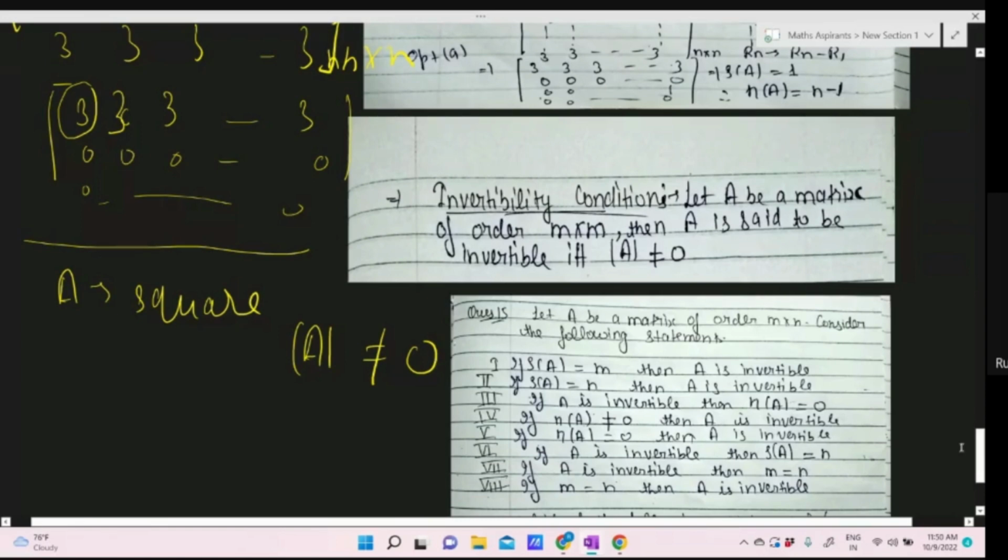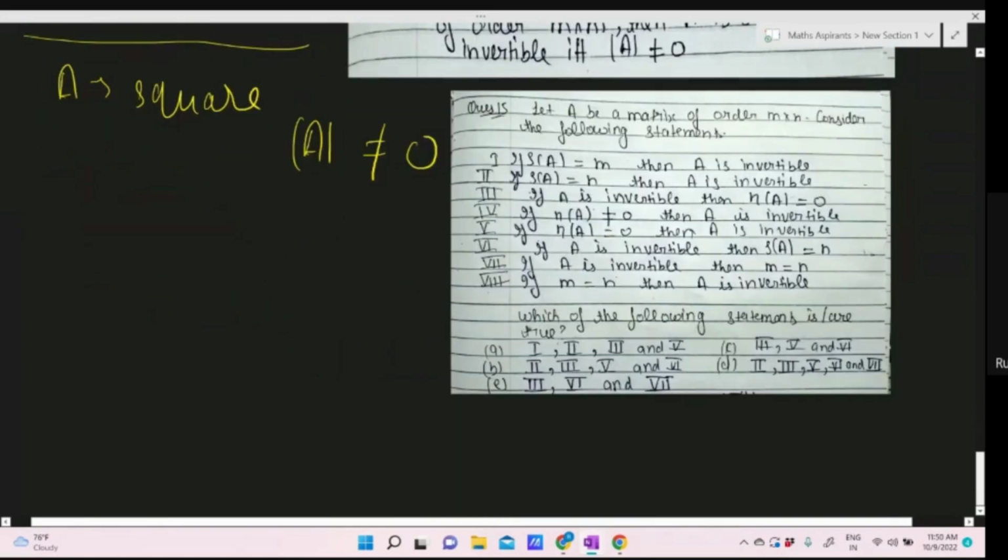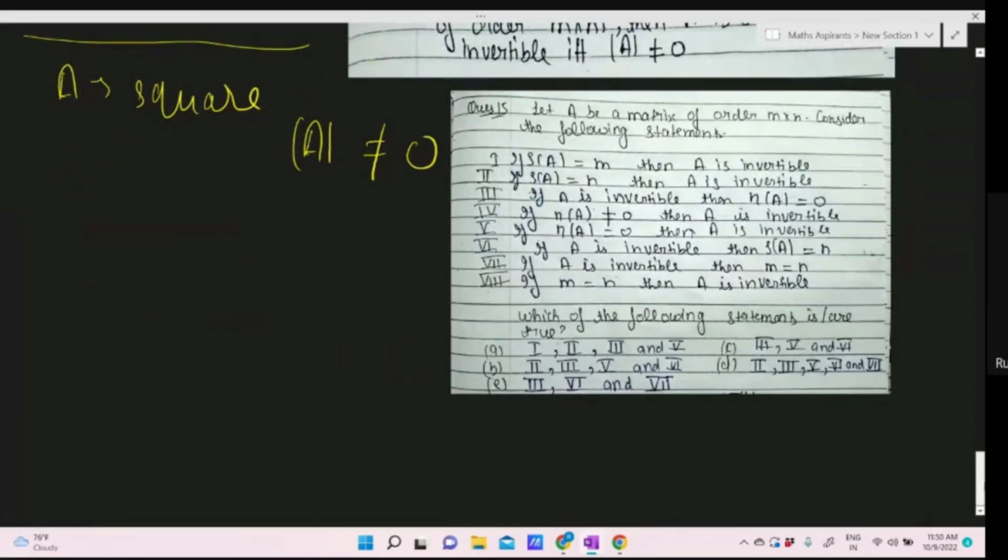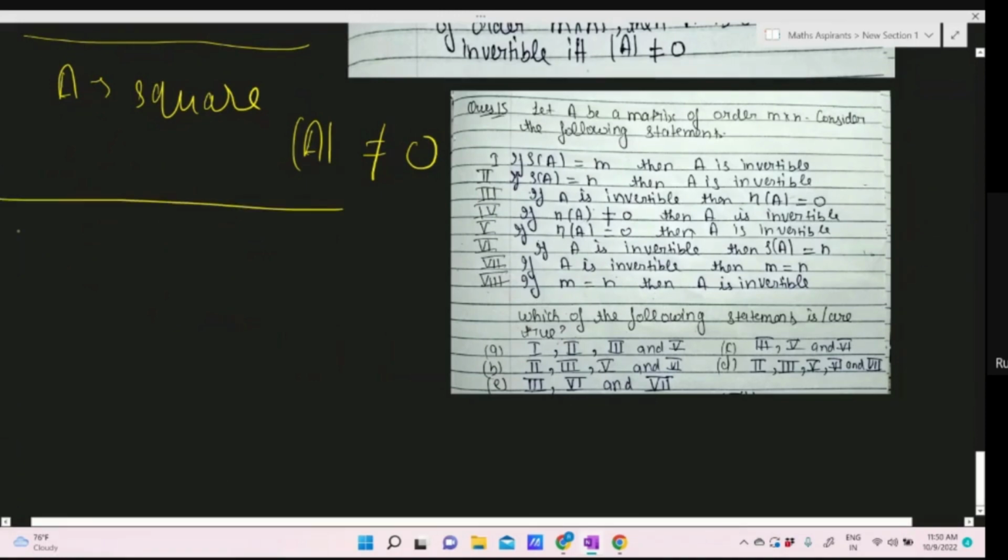Now let us take the last question. Let A be the matrix of order m cross n. Now let us consider the following statements. First statement says that if rank of A is m, then A is invertible.